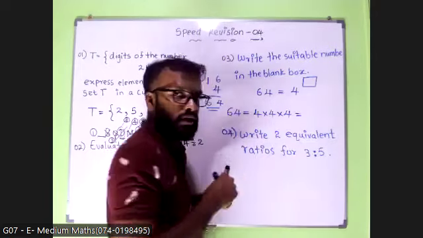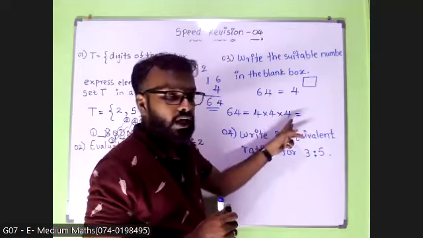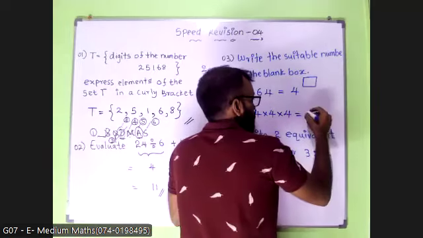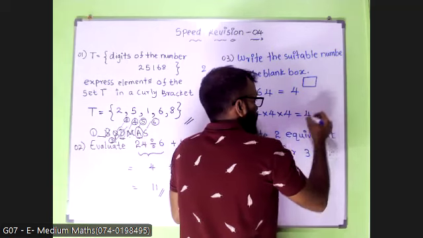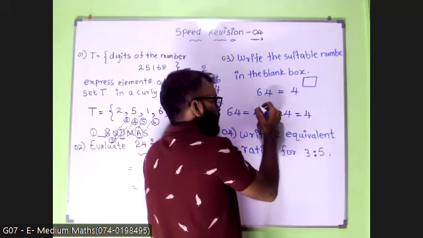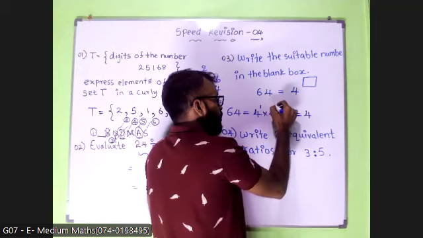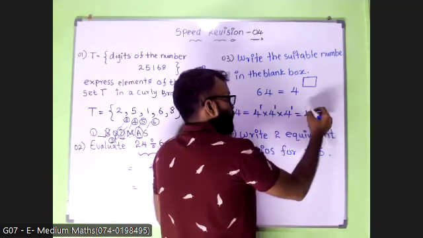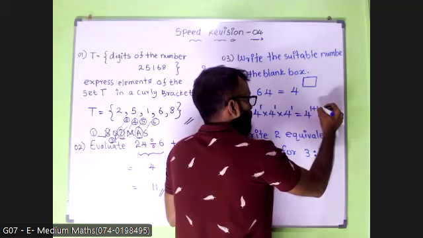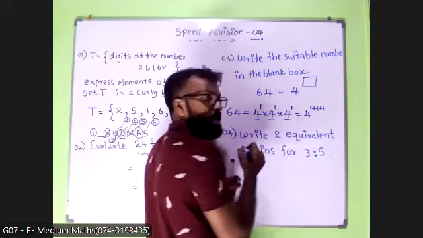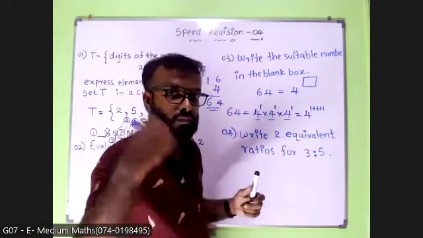If you can remember, how many 4s are there? 3 fours. So here you have 1 power each: 4 to the power 1, 4 to the power 1. Then you can add them together, 1 plus 1 plus 1, because the base is the same.